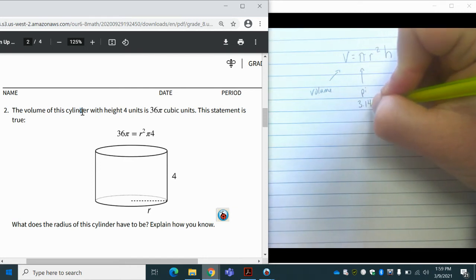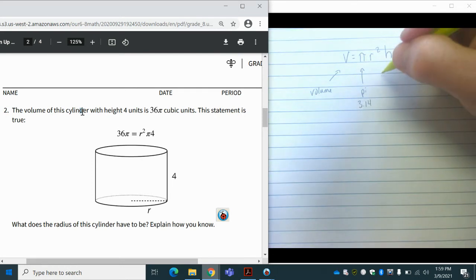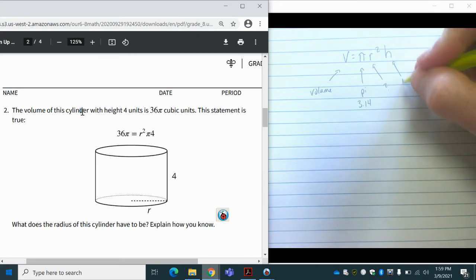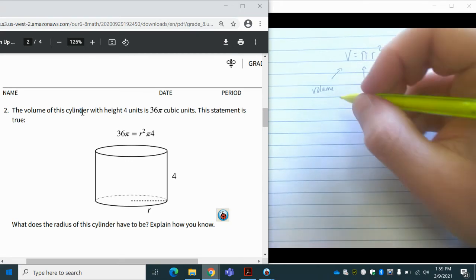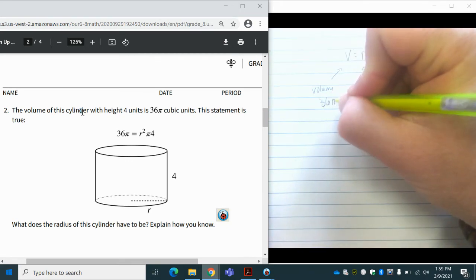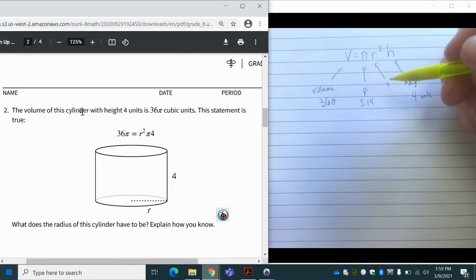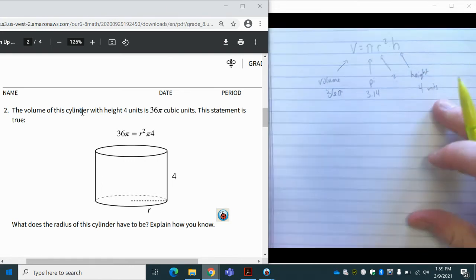It could be 3.14, for example. We don't know what our radius is. We're not sure what that is, but we know what our height is. So let's figure out what we already know. So we know that the volume is 36 pi. It's expressed as pi. We know pi, and we know the height is 4 units. So we've got to figure out what that missing piece is, that r.